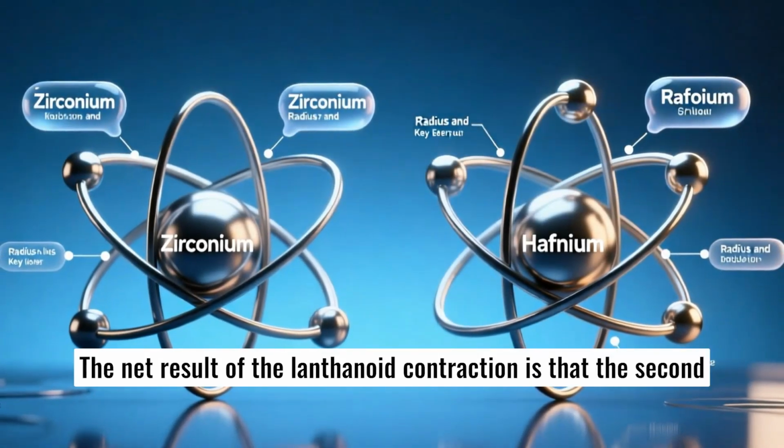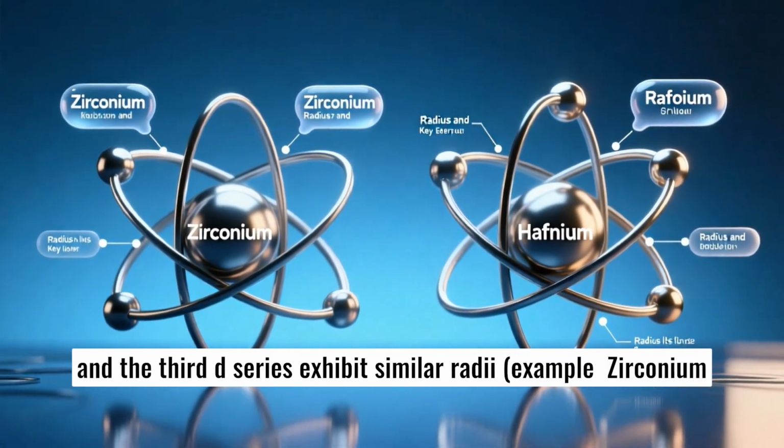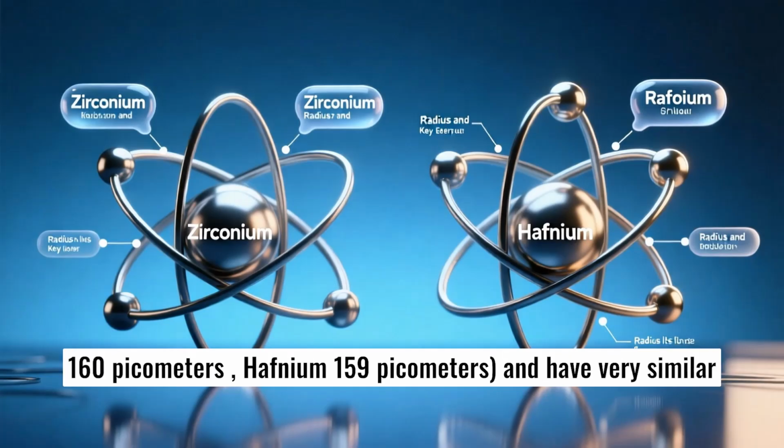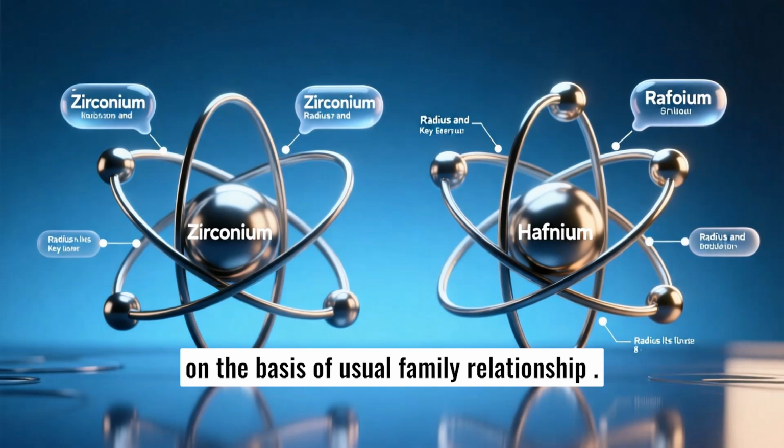The net result of the lanthanoid contraction is that the second and the third d series exhibit similar radii. Examples: zirconium 160 picometers and hafnium 159 picometers have very similar physical and chemical properties, much more than that expected on the basis of usual family relationship.